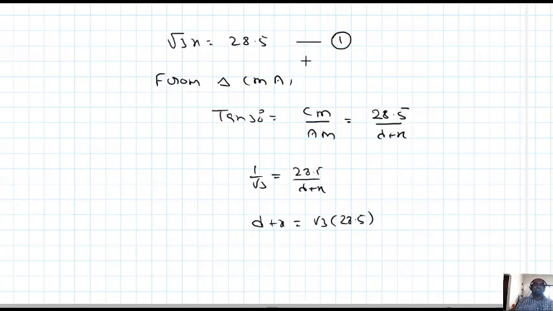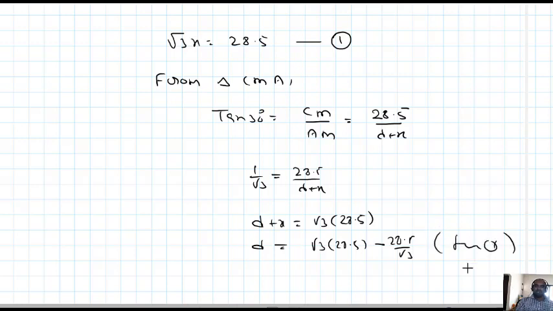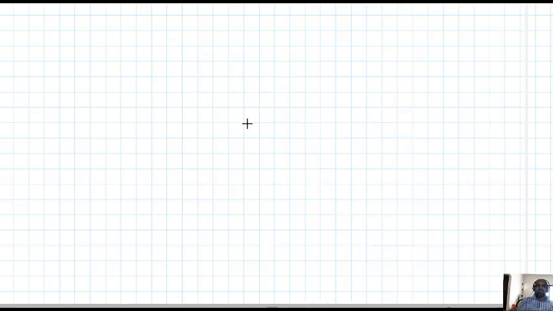So instead of x I can write 28.5 by root 3, from equation 1. So d equals root 3 into 28.5 minus x. Here 28.5 can be taken common: root 3 minus 1 by root 3. Next page I will simplify it.